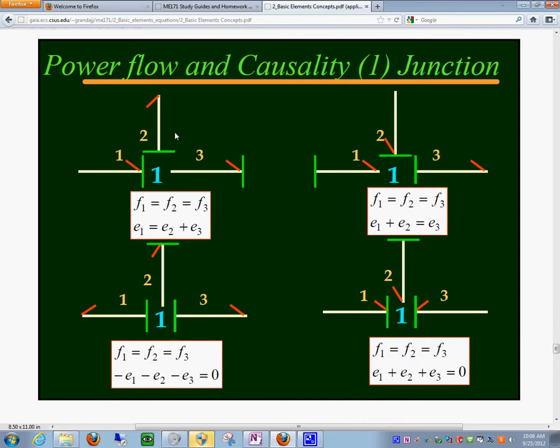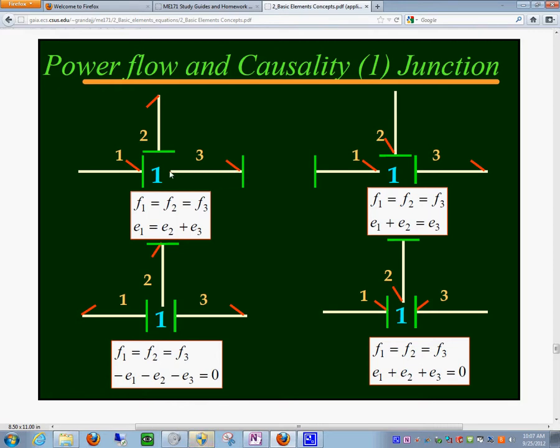So what you're seeing all along is that for the individual elements, the constitutive relationship, or for the individual junctions, or the two port elements, there are always equations associated with the connection, equations associated with the properties of R, C, I, TF, and GY elements. And now we are saying, pay attention to just one more detail.